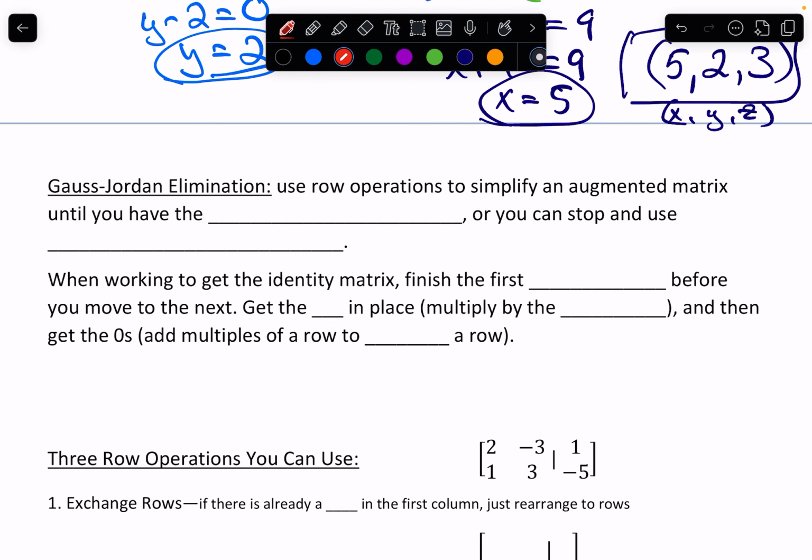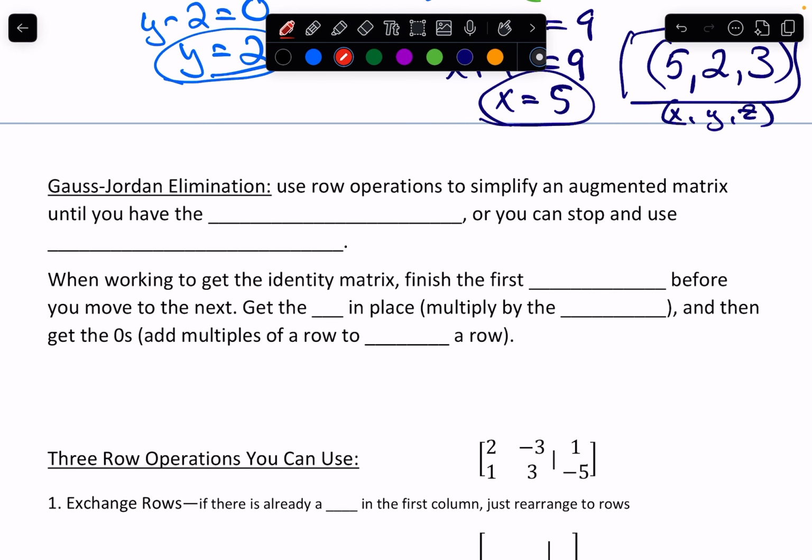So we write row 2 on the top, 1, 3, and -5. And then row 1 where row 2 was, 2, -3, and 1. So we can see that now we've got that 1 on the left in the first row. That's what we wanted to do.